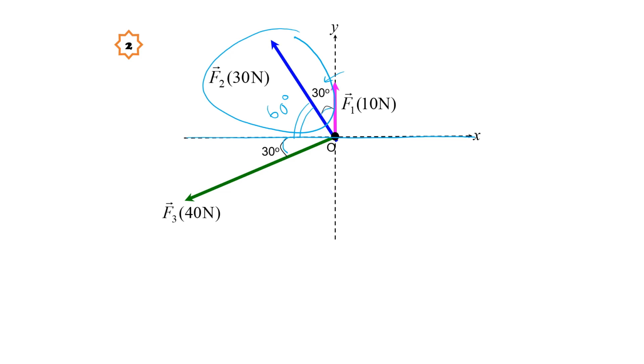But then it is going to be a bit different: you are going to have F2y with the cos function instead of sine, and F2x with the sine function. This is the opposite of what we have learned previously.